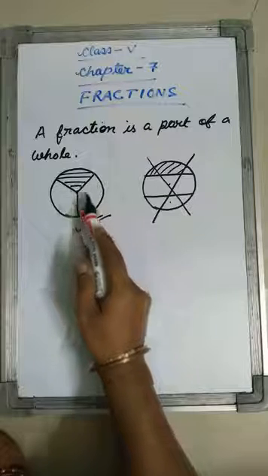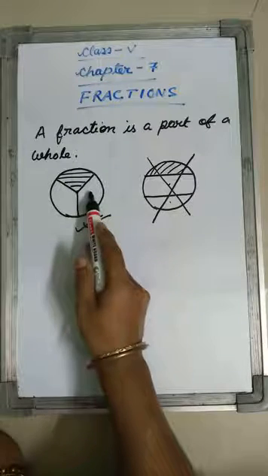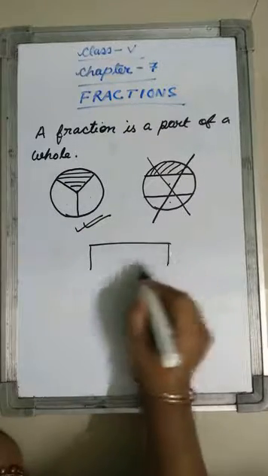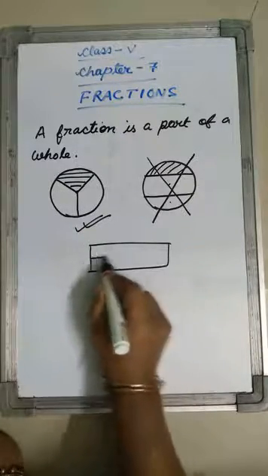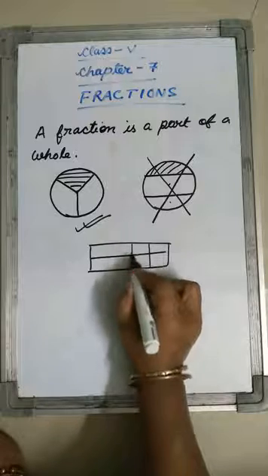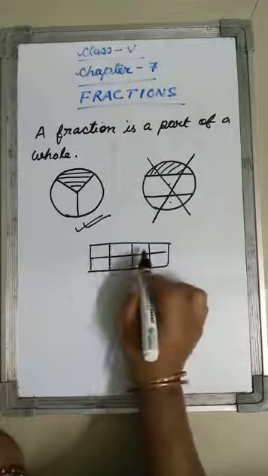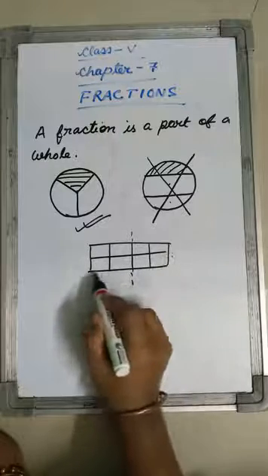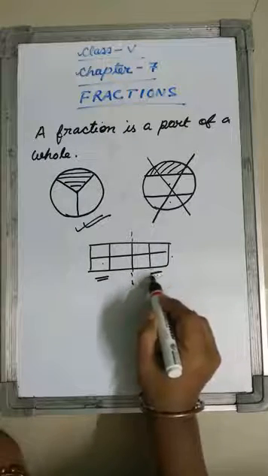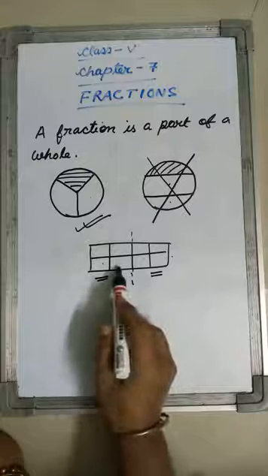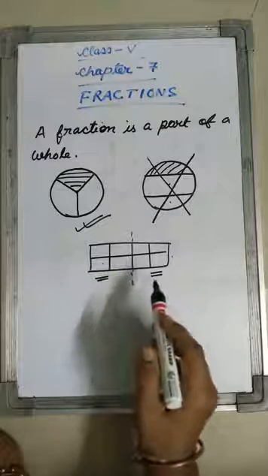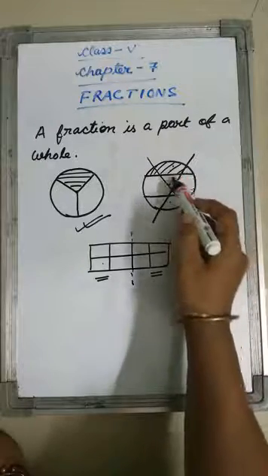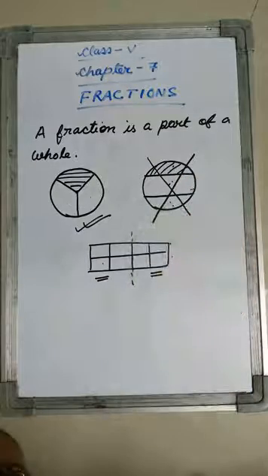If it is a circle, I have made it three parts. If it is a bar of chocolate and I make 2 parts, this part is equal to this part, so I can express it as a fraction, but not in this case because all these three parts are not equal.